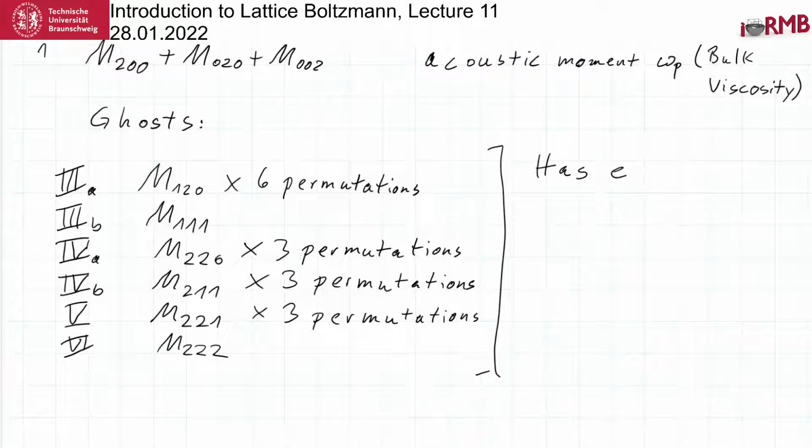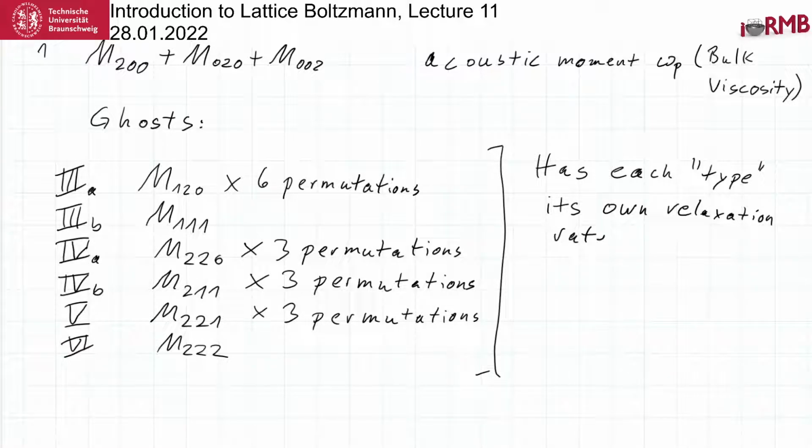So I have to ask whether each type, so each of these groups here, has its own relaxation rates. There are actually arguments for having fewer relaxation rates, and there are actually arguments for having more relaxation rates.